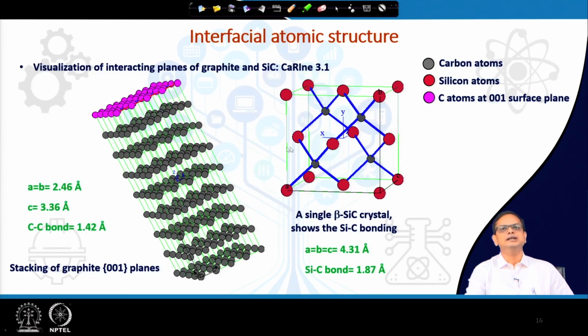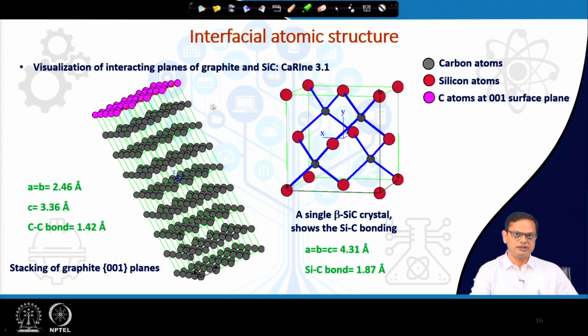And then you can do all kinds of atomistic simulation to see which planes are matching with what plane. So, this is a typical graphene layer, the 001 plane, and this is the beta silicon carbide crystal structure.